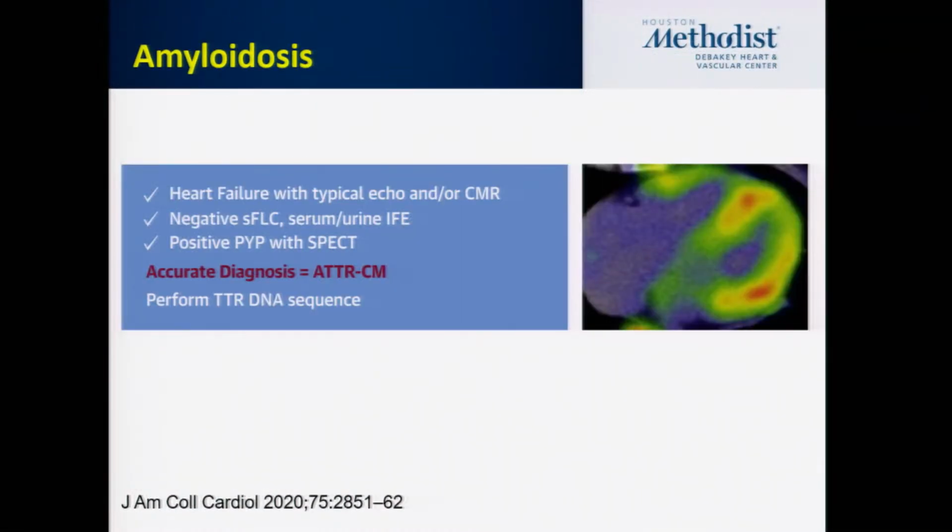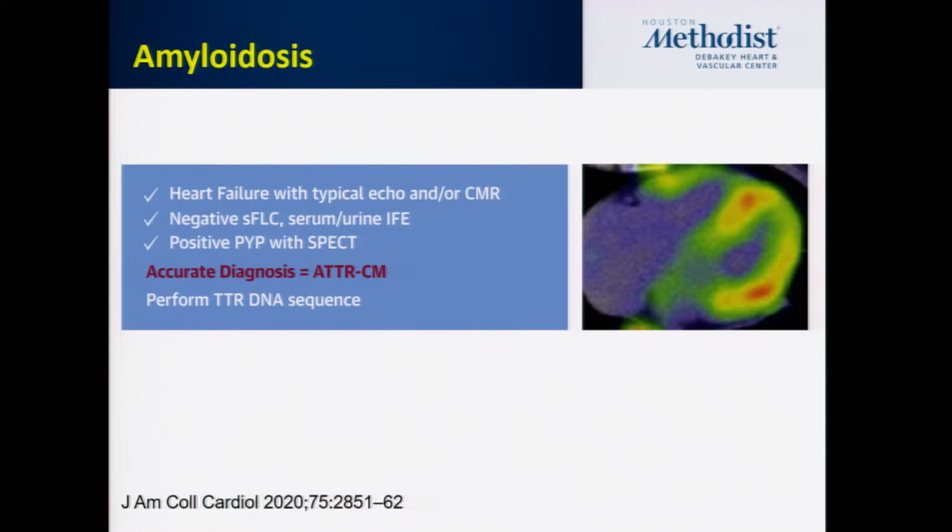So this is the most important slide. When you are on heart failure or on the wards and you want to make a diagnosis of amyloidosis, this is not a screening test. The first thing, patient selection: somebody who had heart failure, had an echo or MRI that's suggestive of amyloidosis, and you've done your kappa lambda and they are coming back negative, and you have a PYP scan that's positive, or HMDP, now you can call it ATTR amyloid.